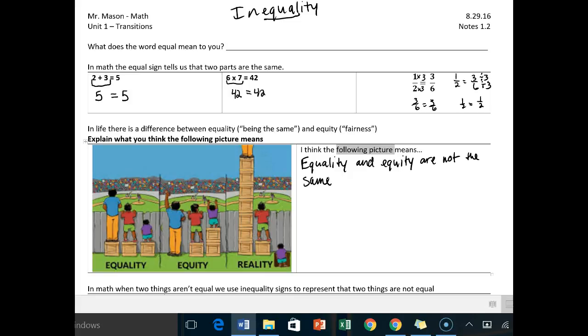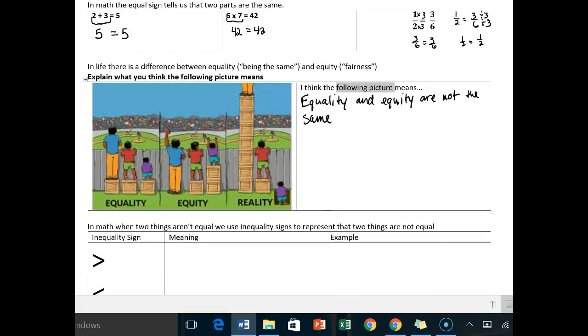Equity is saying, hey, the people that need glasses should have glasses so they can have the correct vision that everybody else has and be able to see the board just like everybody else. Or maybe I move a guy to the front of the room so he can see the board more easily and have other people sit at the back of the room. That's equity, not the same thing for everybody, but trying to treat people where they are in a fair manner.